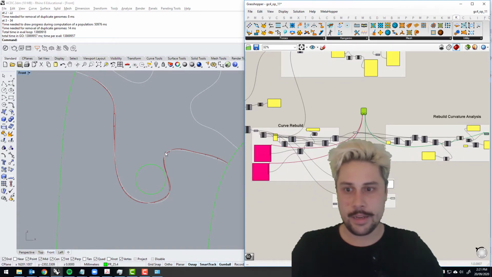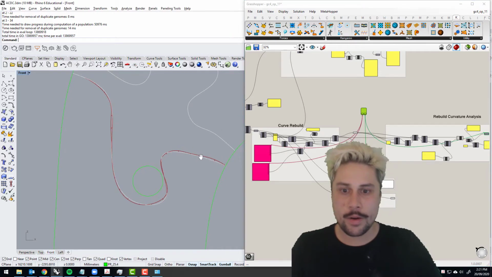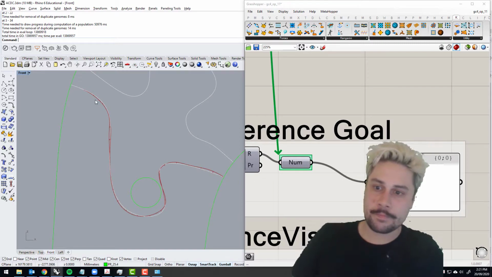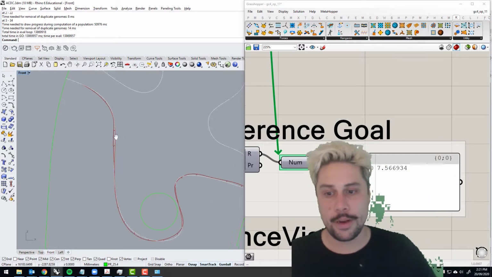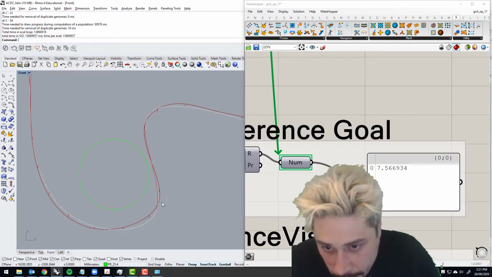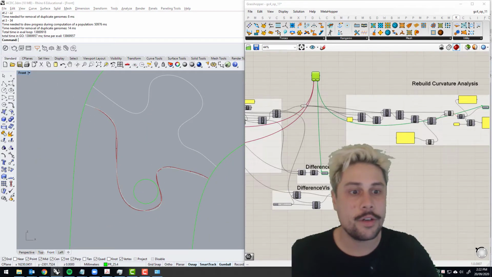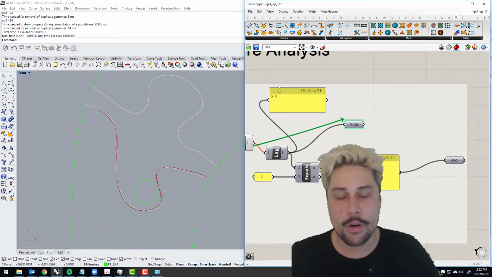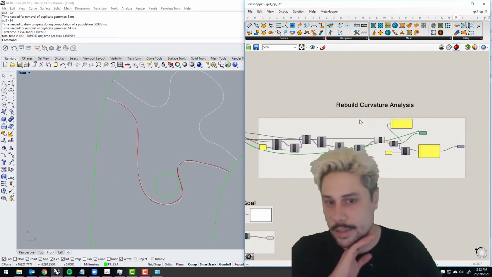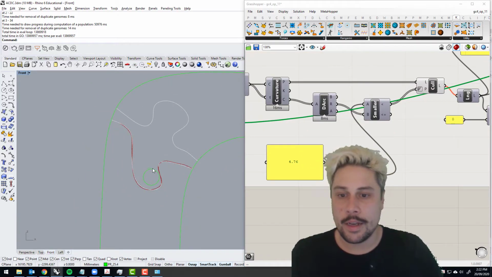Okay, so you can see straight away we've got something that matches it mostly, and the difference is 7.5 mil on my own metric, and you can see there is a little bit of deviation here and there, but by and large it is pretty good. And of course we've got 0 points along the curve where the radius is more than 4.76, which is great.